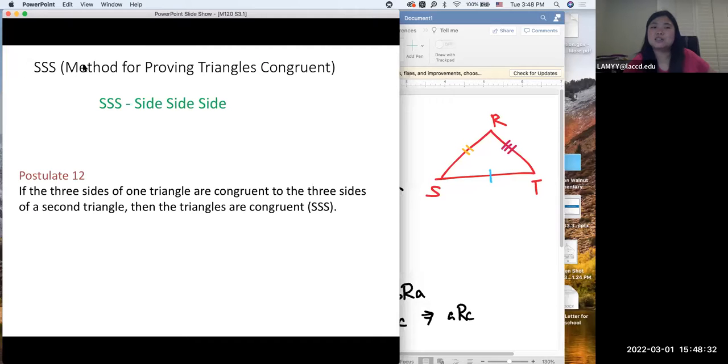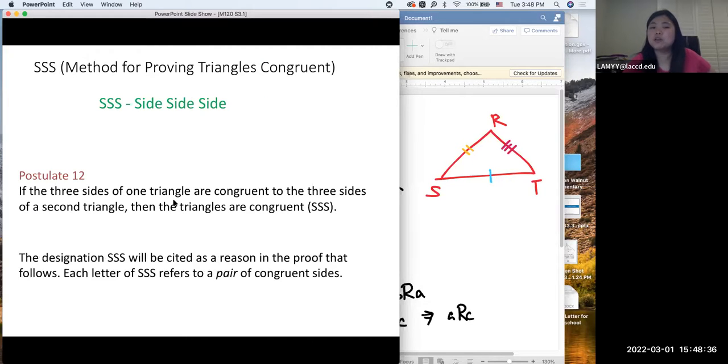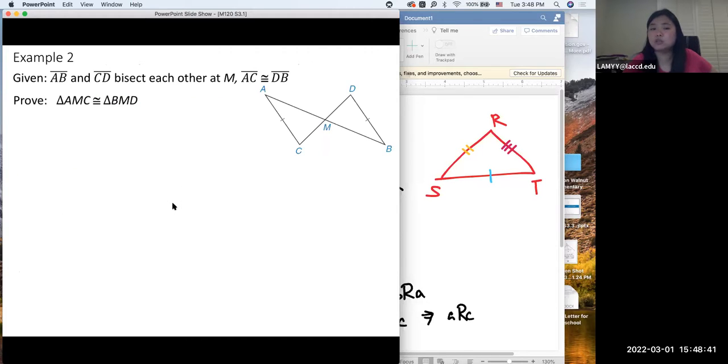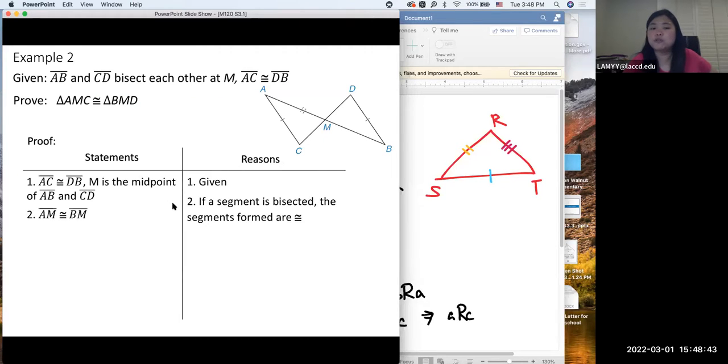This is the method for proving triangles congruent. If you can prove 3 sides are congruent, then these 2 triangles are also congruent. You just prove these 3 sides are congruent, so these 2 triangles have to be congruent. The reason is SSS. Just put side.